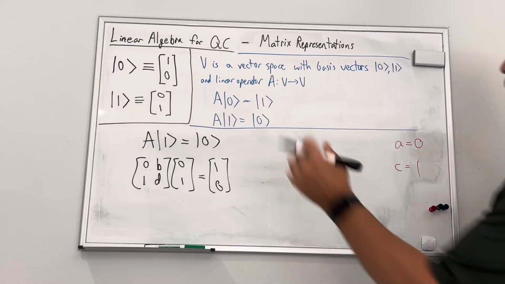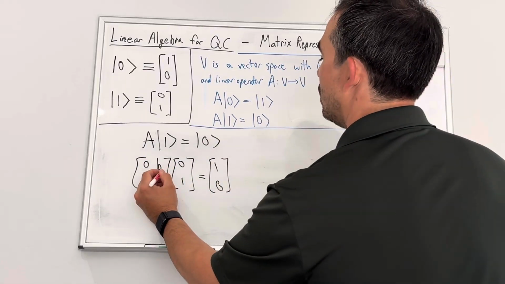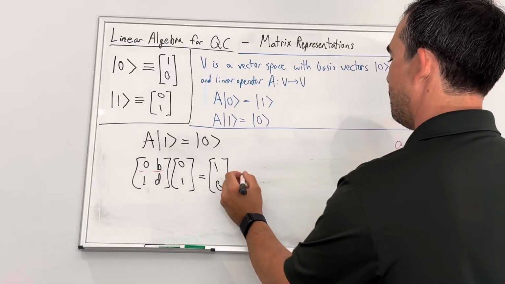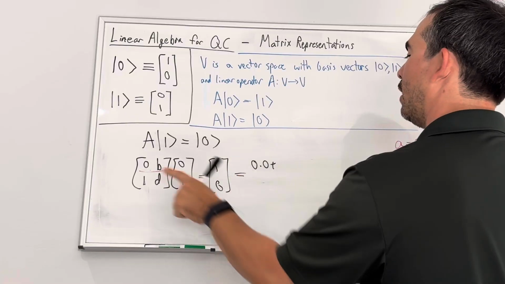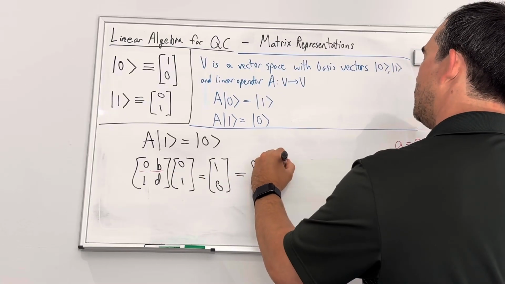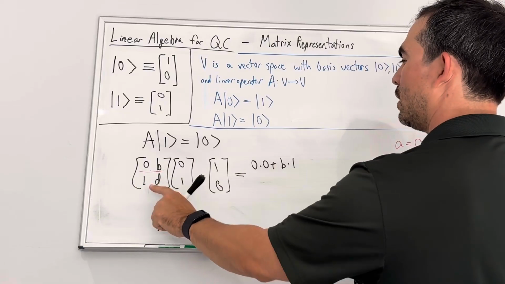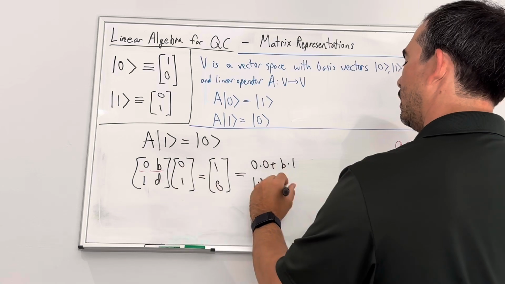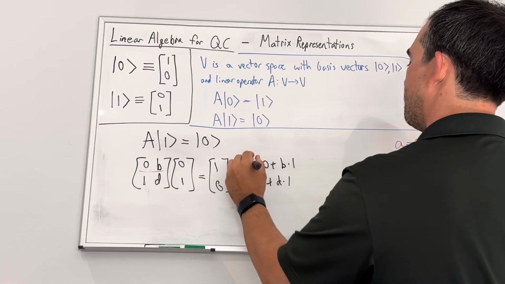Okay, so let's do it all again. Let's take this first row, flip it sideways, and multiply it by this column. And we're going to get 0 times 0 plus b times 1. And then down here, we're going to get 1 times 0 plus d times 1.